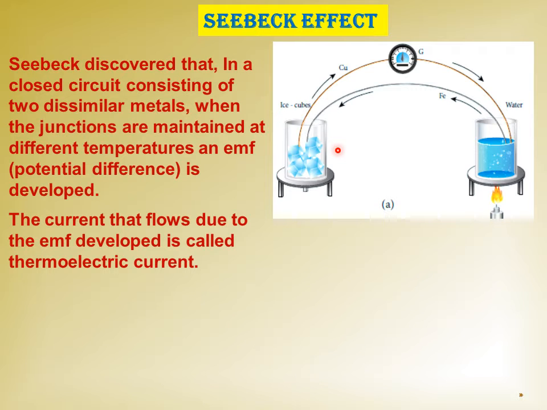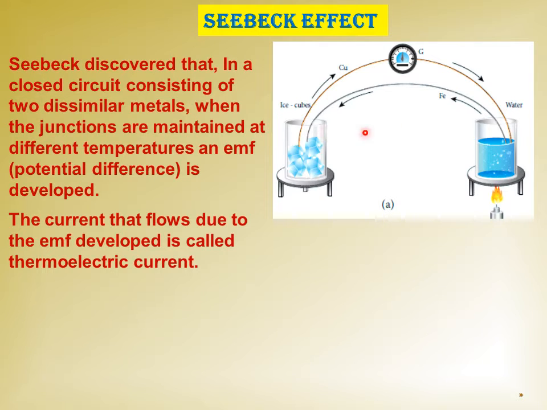Now the current that flows due to the EMF developed is called thermoelectric current. Consider a circuit consisting of dissimilar metals, where one junction is immersed in ice cubes and the other is immersed in hot water connected to a furnace.